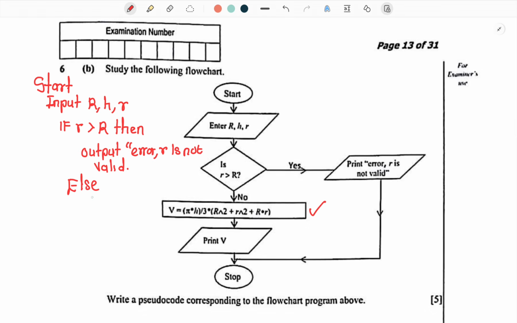So this is going to be V is equal to, you open the bracket, pi multiplied by H, and then this is going to be 3, sorry, because we don't have enough space, so I'll just write it here. So to the power 2 plus R to the power 2 plus R.